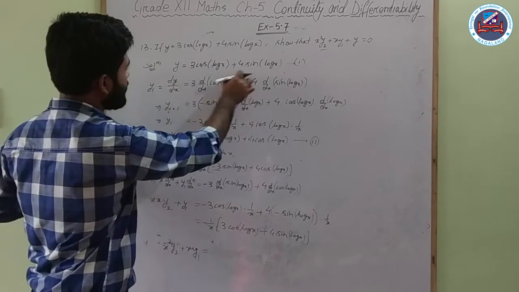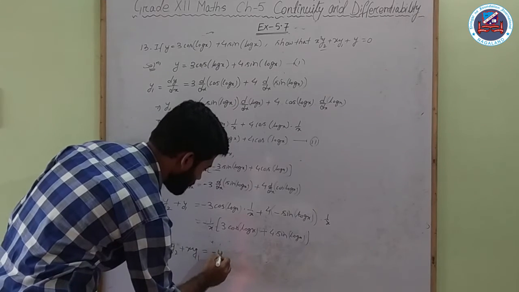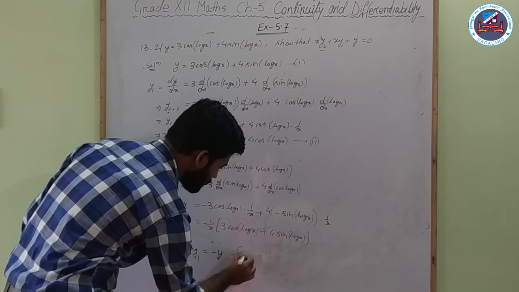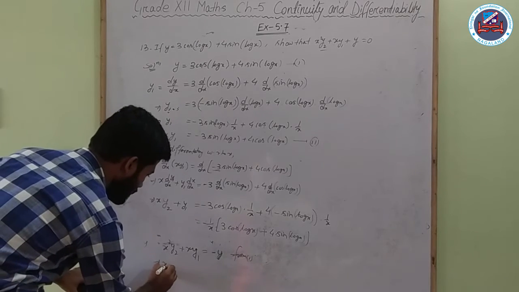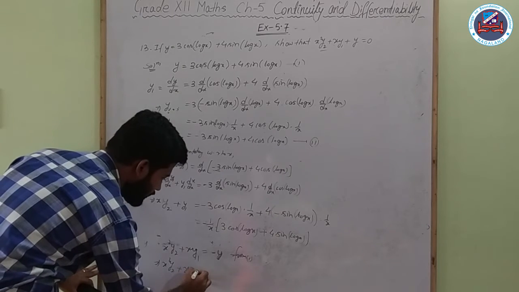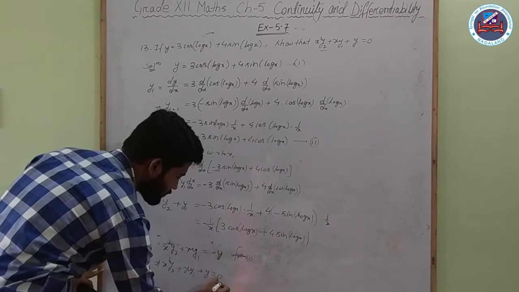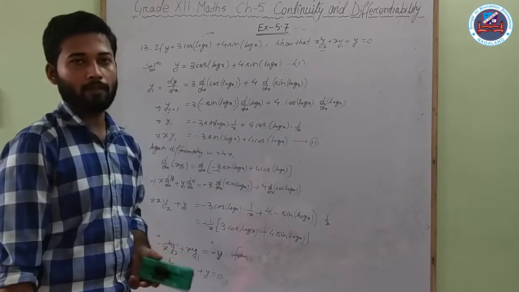You can see this is same as the y. So I can write this is equal to minus y. Fine. And that will give us x squared y2 plus x y1 plus y is equal to 0. So we have proved whatever was given in the question.